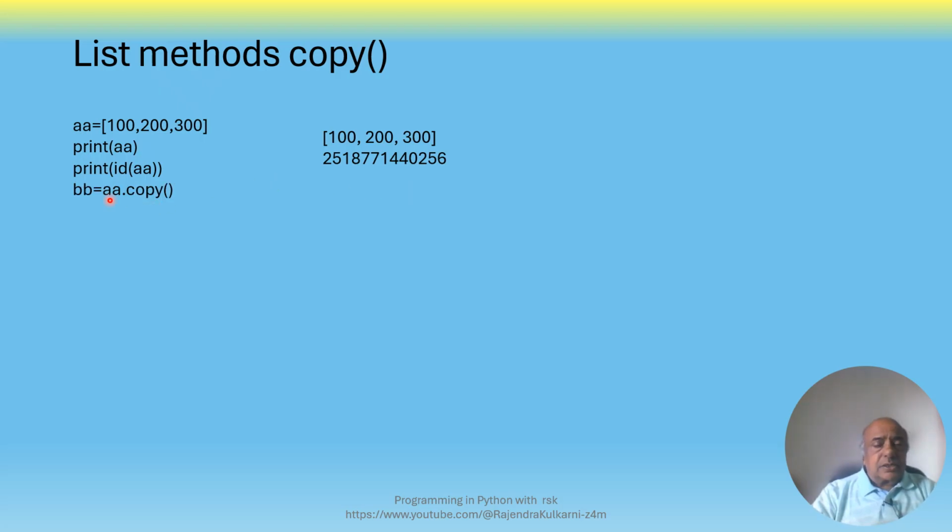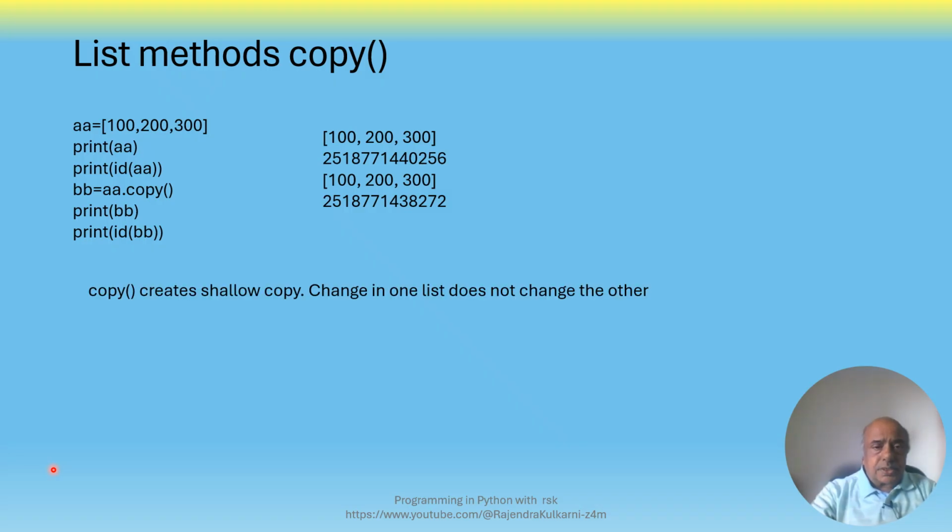Then we create another list B by copying the contents of A into it. So B contains what has been assigned to it by the copy method, but B is now a new object. Copy creates a shallow copy. Change in one list does not change the other.